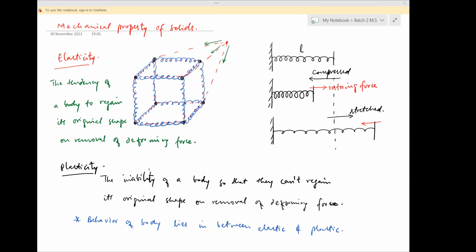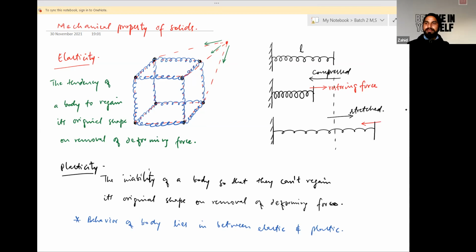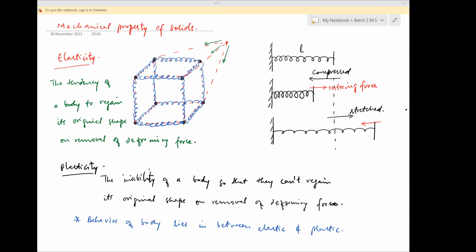Sir, I have a doubt. My doubt is, objects that show plasticity partially, but they do show plasticity, right? Is there a restoring force that's formed? Because not all objects are totally plastic or totally elastic. Is there a restoring force in these kinds of objects as well?